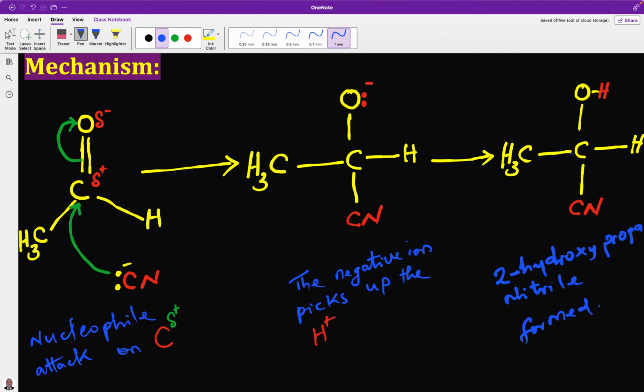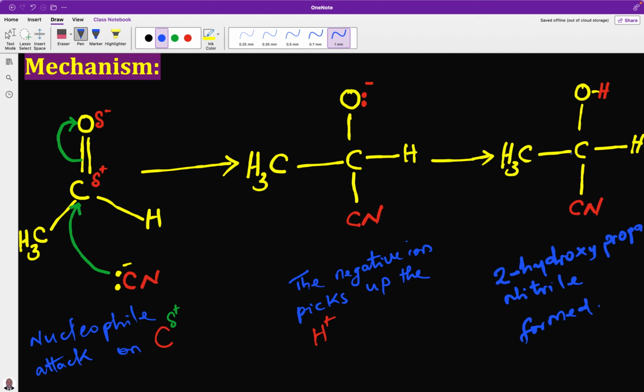And this does not happen in all compounds. It happens in carbonyl compounds that are unsymmetrical and have a trigonal planar shape.